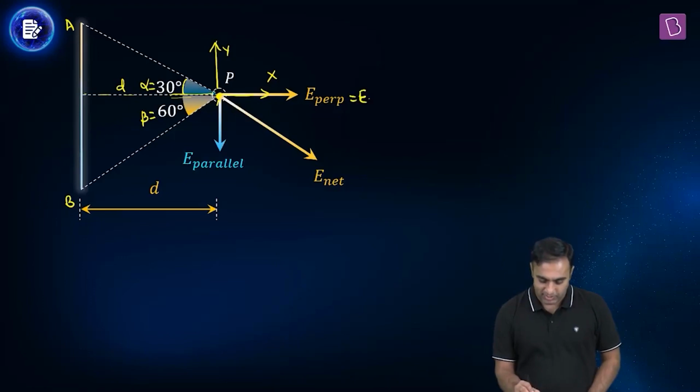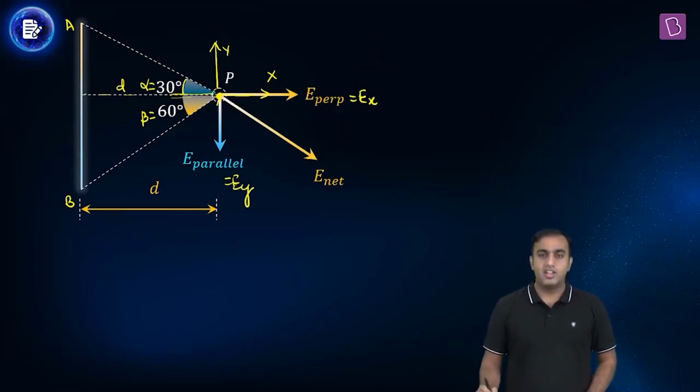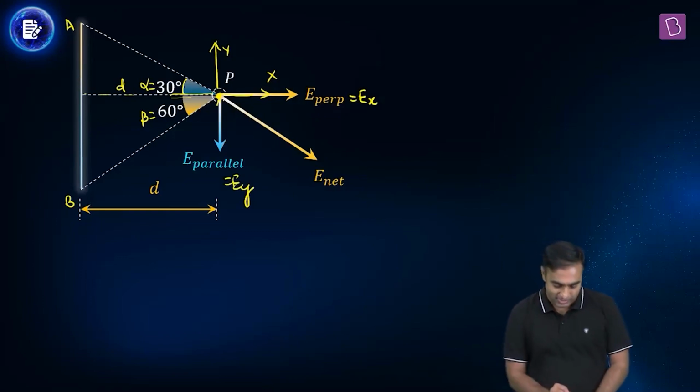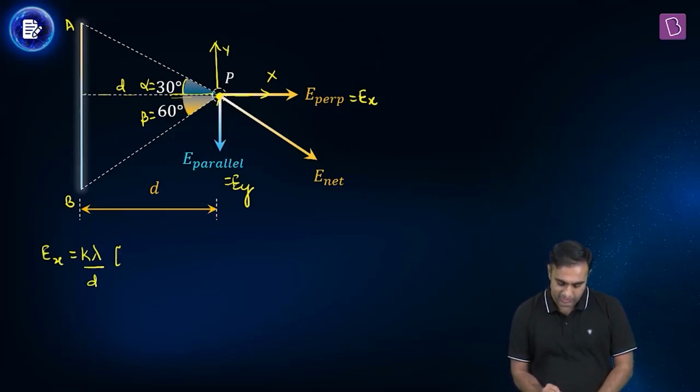Let's call them Ex and Ey respectively. In terms of lambda, D, alpha and beta, Ex turns out to be lambda k divided by D into sine of alpha plus sine of beta.